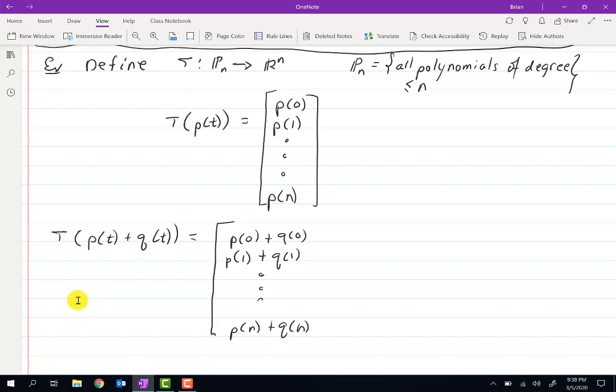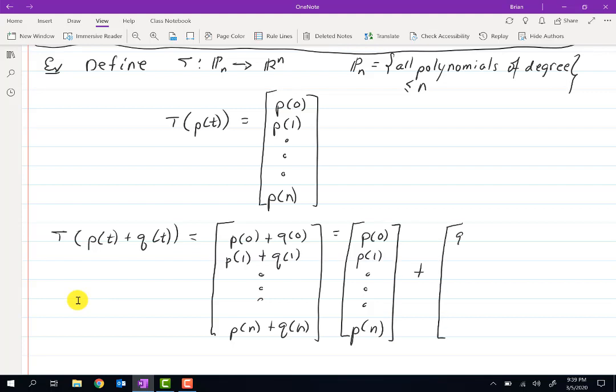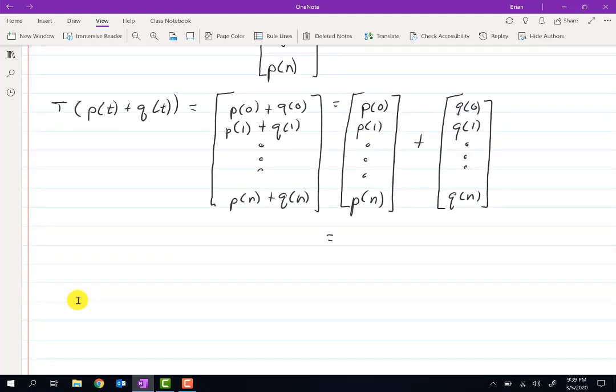Well, it probably doesn't take any guesswork on your part to see that I'm going to break this into p of 0, p of 1, all the way down until I get to p of n, plus q of 0, q of 1, all the way until I get to q of n. And of course, this first vector is equal to T of p of t, and the second vector is equal to T of q of t. So there's the first part that I need to prove to show that it's a linear transformation.